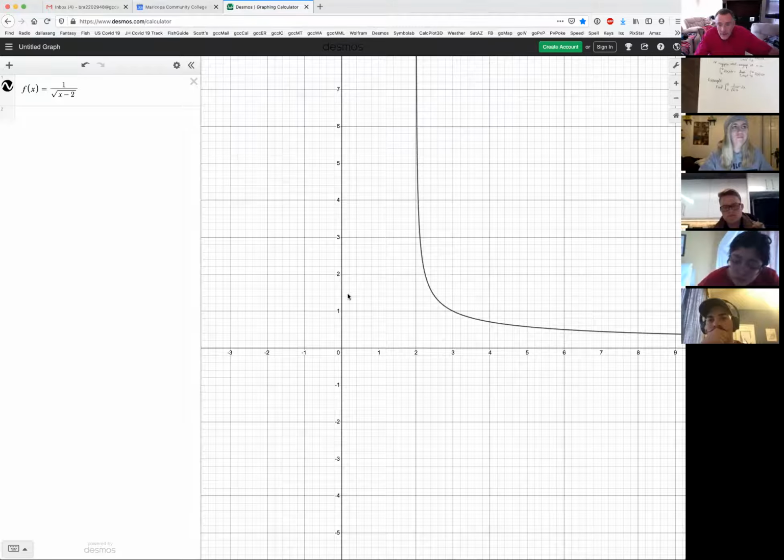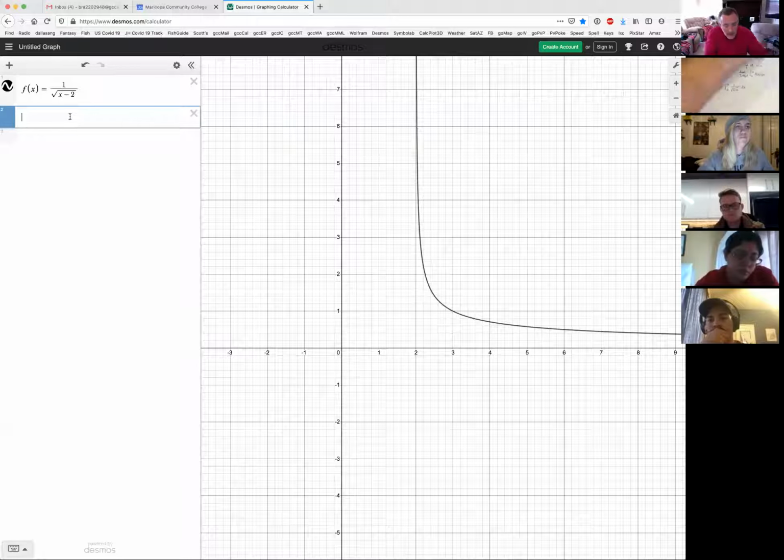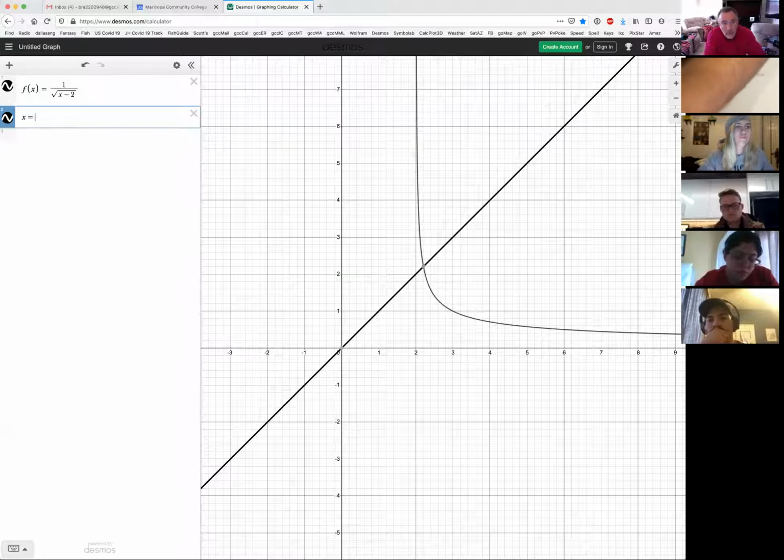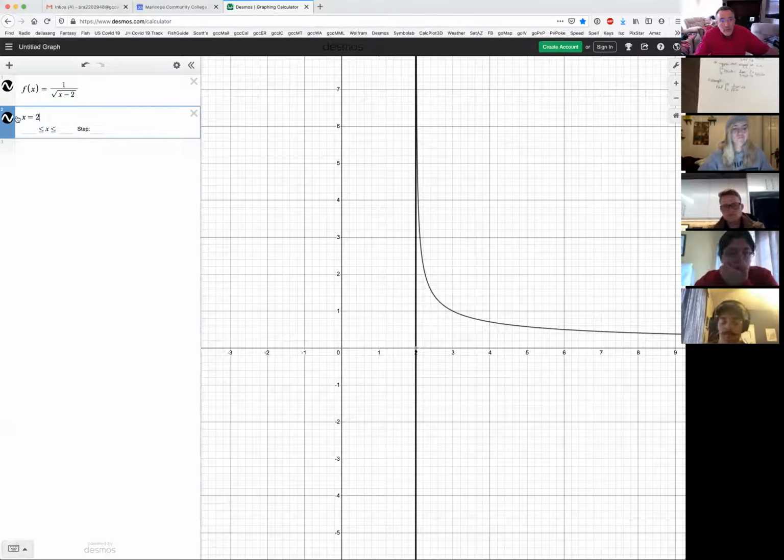So check it out, 2 to 5. Well, 5's nice. But when I go over here by 2, it's getting closer and closer to x equals 2, but it's never touching. So we've got a vertical asymptote, x equals 2. If we wanted to make it look more like an asymptote, we could make it dotted.